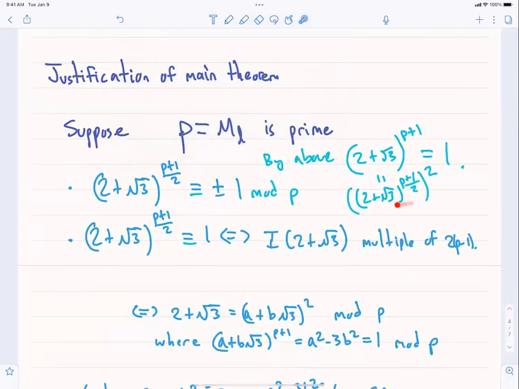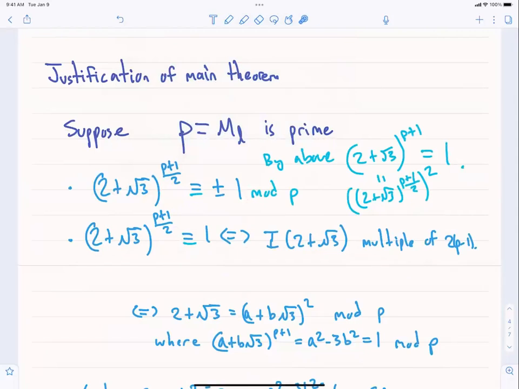So this thing is something whose square is 1, but I'm working in a field. So if I have something in a field whose square is 1, then that thing has to be 1 or minus 1. So I get that this thing I'm trying to show is minus 1; at least it's either positive 1 or minus 1. So I just have to rule out the possibility that it could be equal to 1.